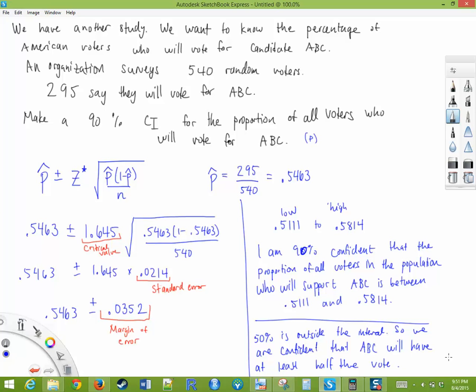So any value between 51 and 58 is technically plausible. It could very well be 52% or even 51%. So anything in between are plausible values. We would say we don't have evidence that it's not 55%. But we do have evidence that it's not 50%, and we actually have evidence that it's going to be more than 50%.